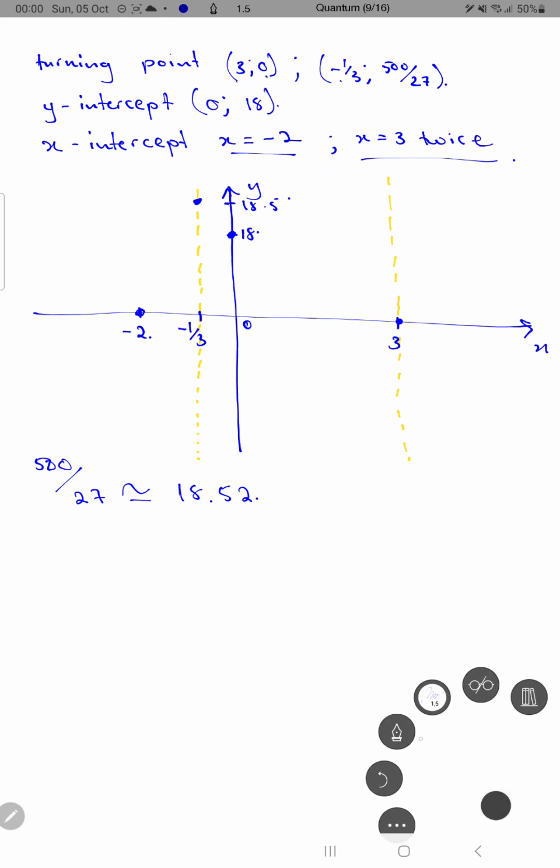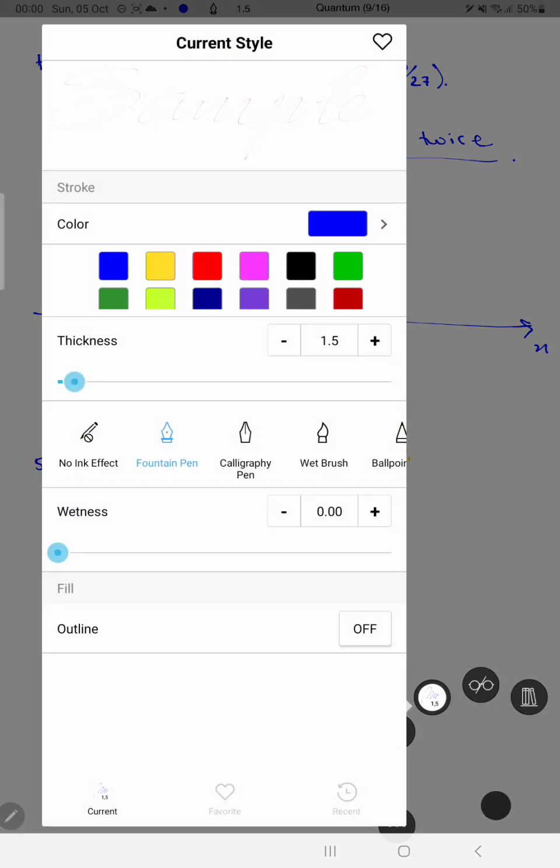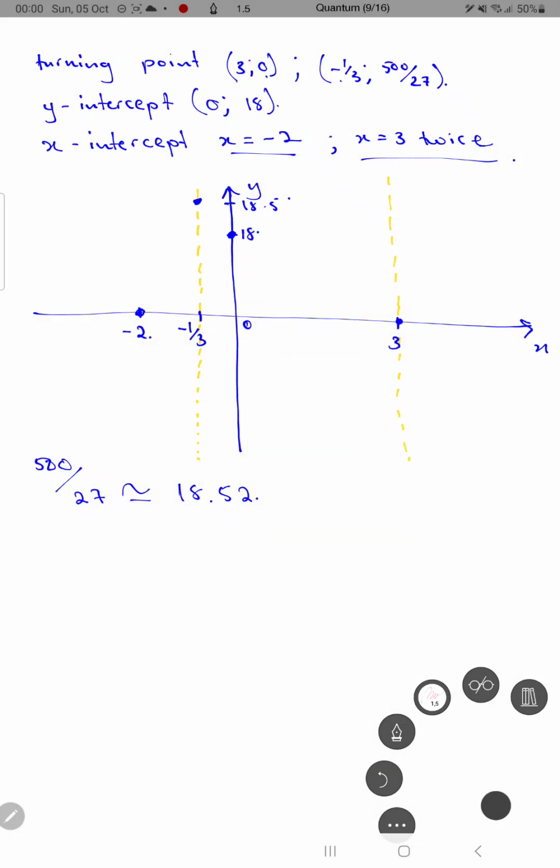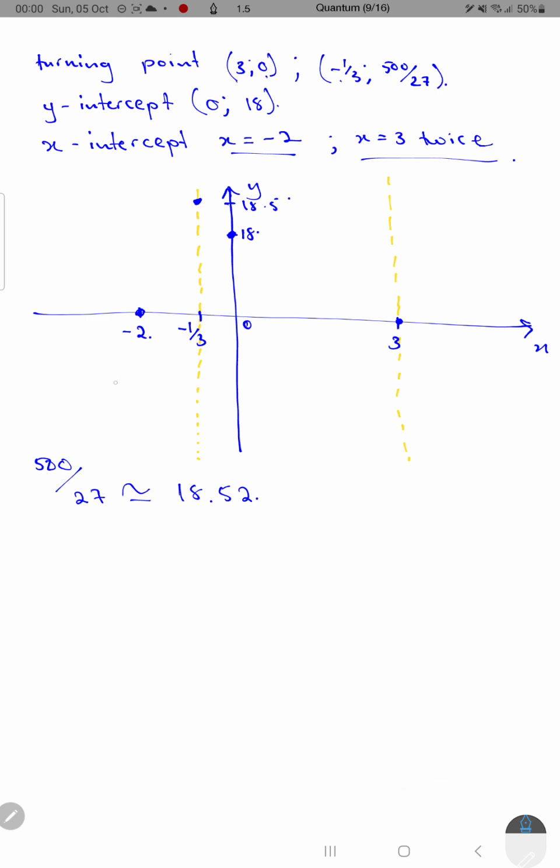So I will draw with another color, which is red. I might draw it perfectly or I might draw it badly because it's a freehand sketch. So it's going to be there. That's beautiful. So this is my f of x drawing of the cubic function.